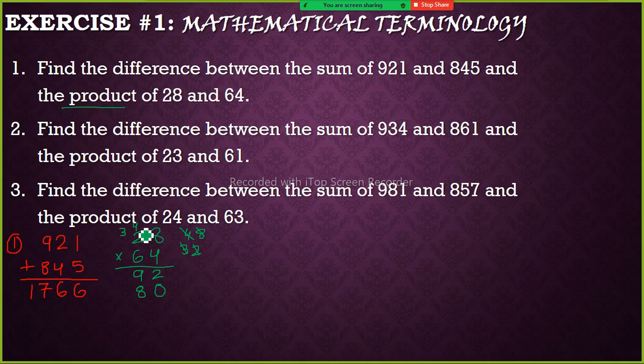That's 12, 13, 14, 15, 16. So that's 16. 1680. Now we must add them. So we get 2 plus 0 is 2. 9 plus 8 is 17. Put the 1 above. 6 plus 1 is 7. 1 plus 0 is 1.